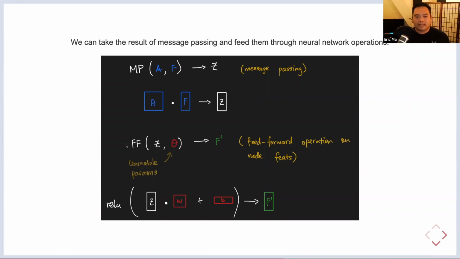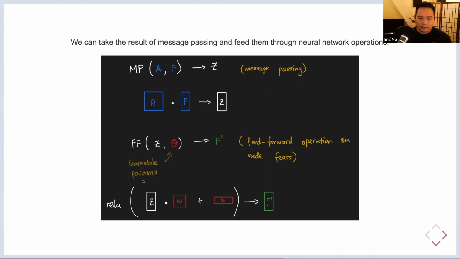Now here's where the neural net stuff happens. You can take a feed forward layer that operates on the output of the message passing operation, and pass that Z matrix through a feed forward neural net where you have learnable parameters, to return a neural net transformed version of the message passed matrix.